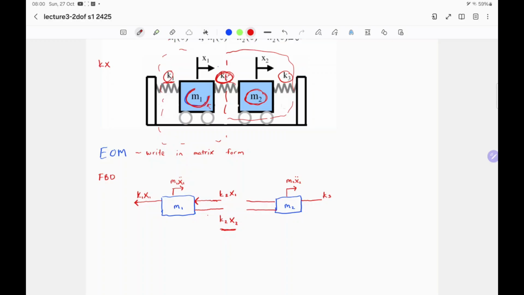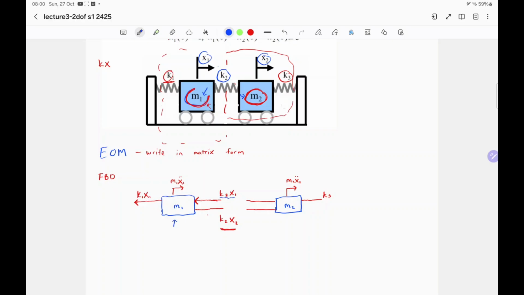For mass 2 it's the same: K2 is not only connected to mass 2, it is also connected to mass 1. So it will be affected in two directions, which are x1 and x2.